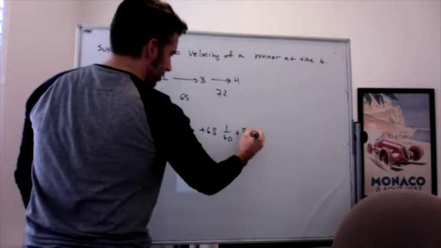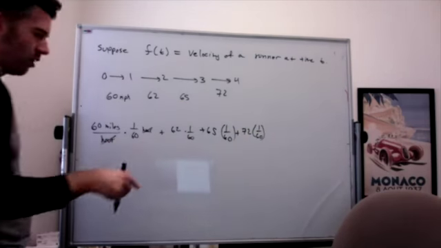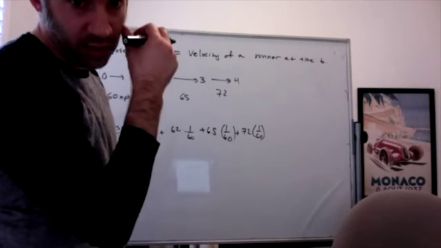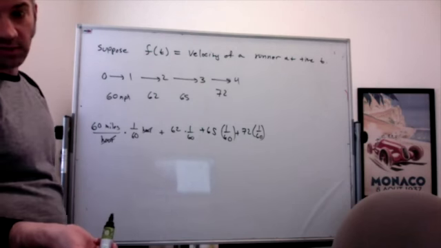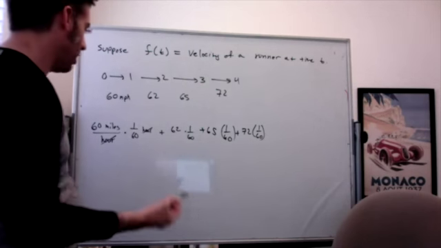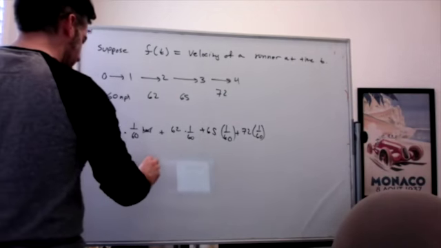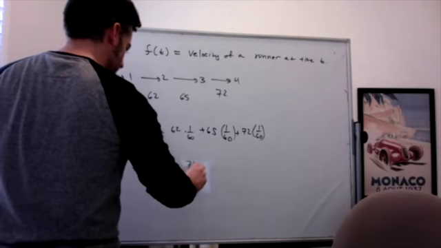So what you can really do, at least for this first question, is just add up all of your measurements from 0 to 29 and then divide by 60, because each of those measurements was for 1/60th of an hour. If we do it here, I'm going to get 60 over 60 is 1, plus 62 over 60, plus 65 over 60, plus 72 over 60.